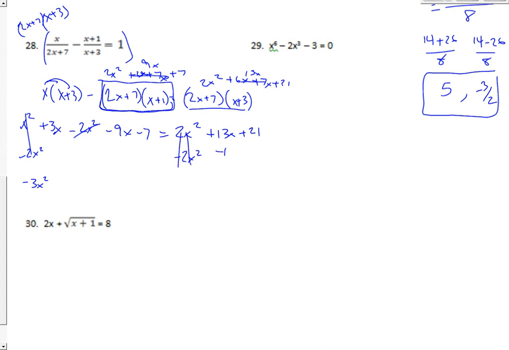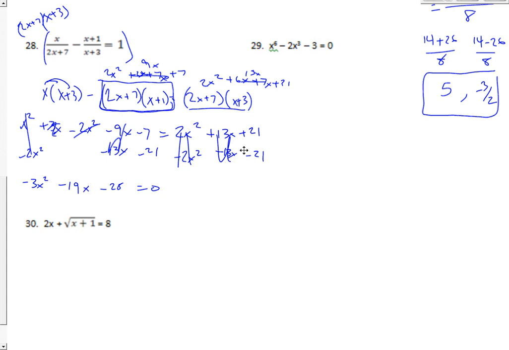I'm going to subtract the 13x from both sides. I have 3x minus 9x, which is negative 6x, minus a 13x, which is negative 19x. Okay, those are all canceled. And now I need to subtract the 21. And negative 7 minus 21 is negative 28. So that's equal to 0.